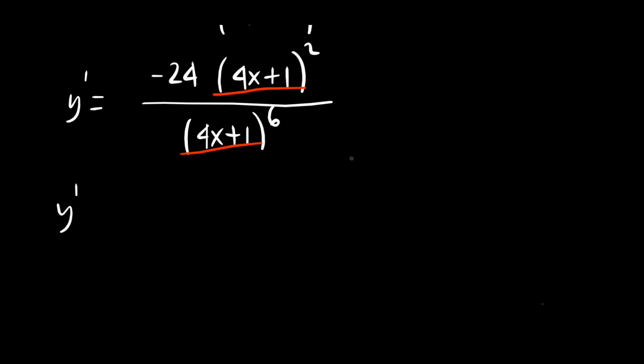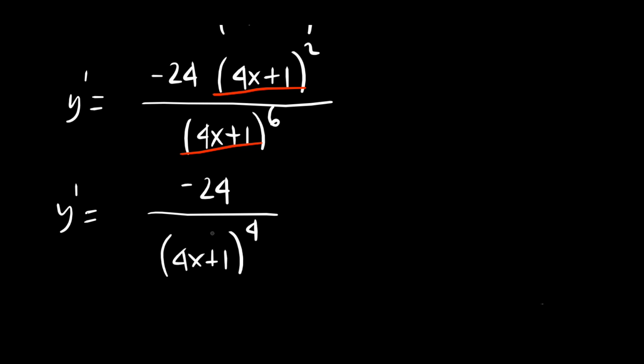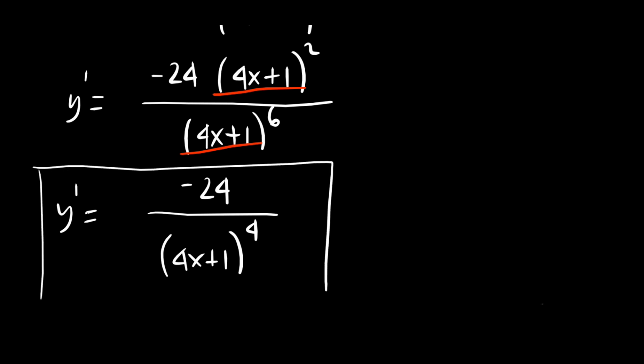So we'll just divide it. So negative 24 all over. So 2 minus 6 is just equal to negative 4. So we'll put the negative sign to the denominator. So the remaining will be (4x + 1) raised to the power of 4. So this is now the final answer.